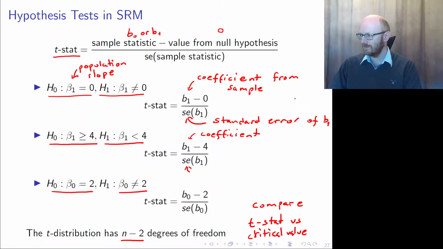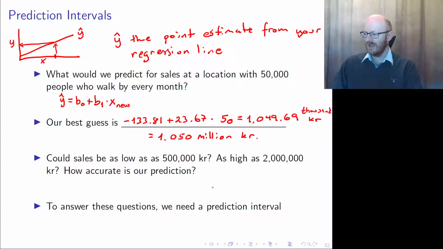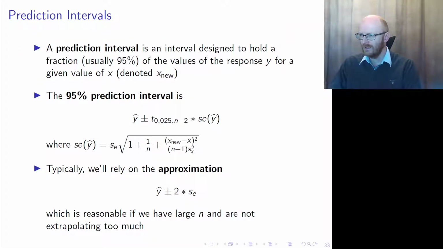So then we go back to our slide, and we are going to make a prediction interval around the point estimate. Okay, so a prediction interval is an interval designed to hold a fraction, usually 95%, of the values of the response y for a given value of x.